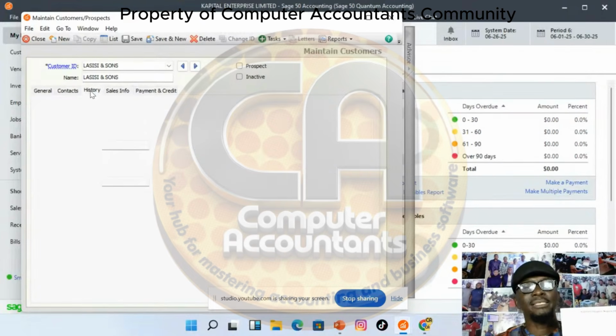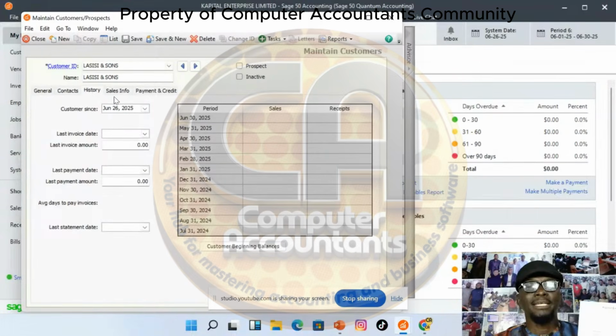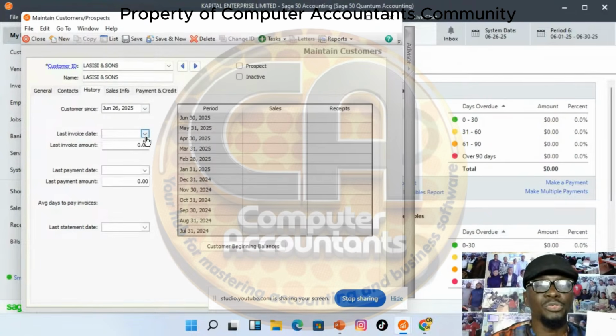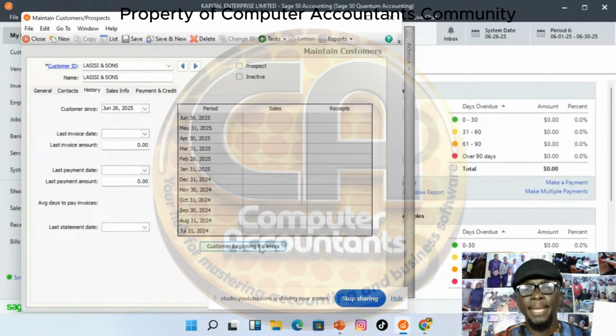That means this 10,000 possibly must be coming in from May. So he has been owing us since, let's say, the 1st of June. If you know the invoice date, you can put it here. But if you don't know all these things, don't bother yourself. Just click on customer beginning balances.